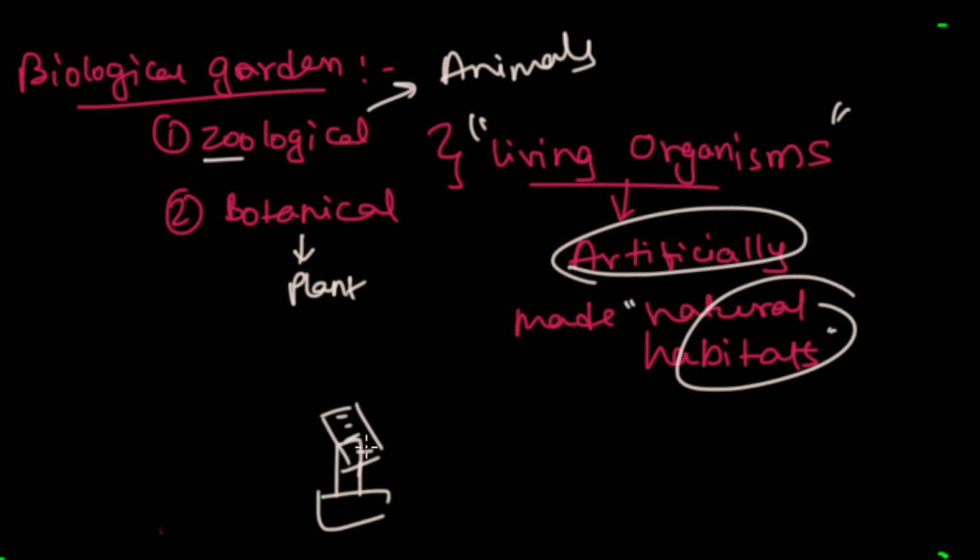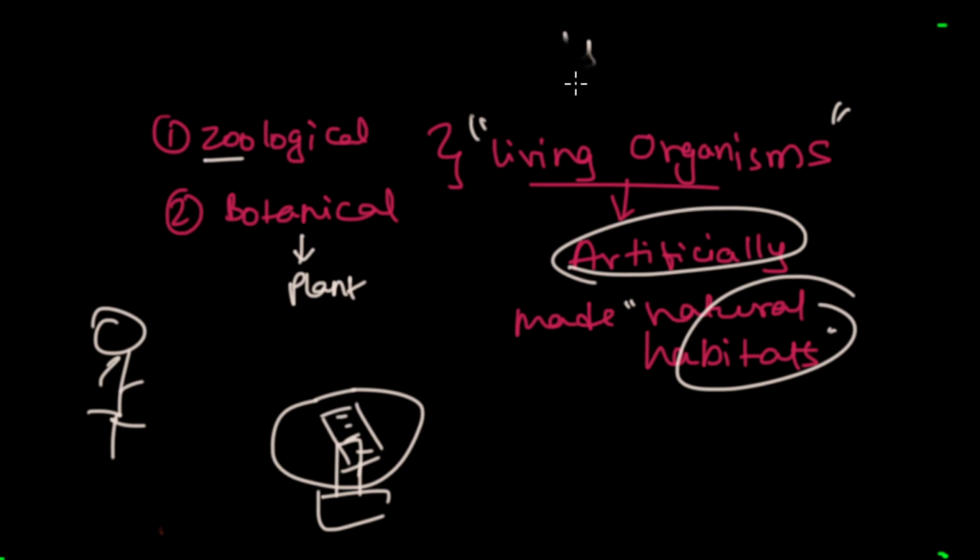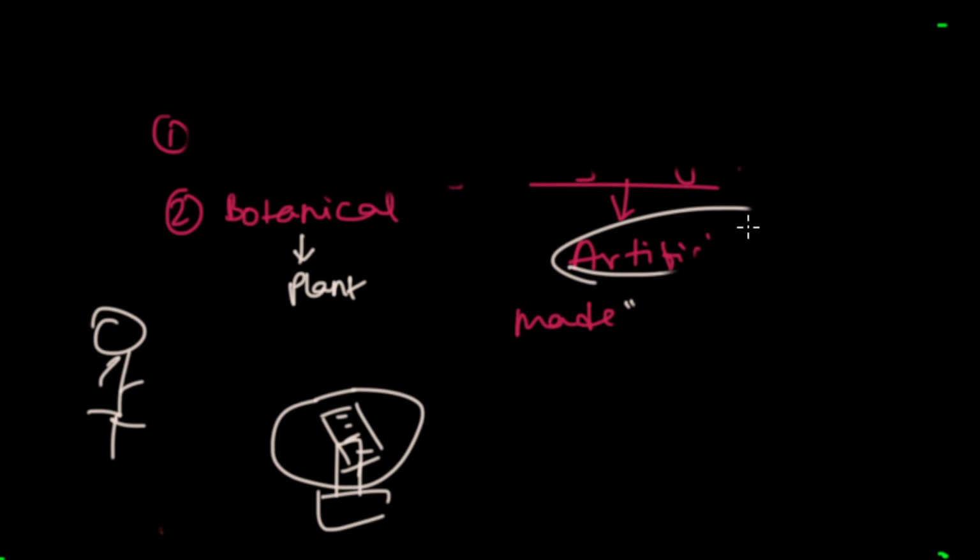Here it is written the information of the organism, like the name, the place where it was collected, who brought it, and all that sort of information is recorded here. So through this information you can also find out the name of a species. If you have a plant species, you have to go to the botanical garden. If you have an animal species, you have to go to the zoological garden. So this is your second taxonomic aid.